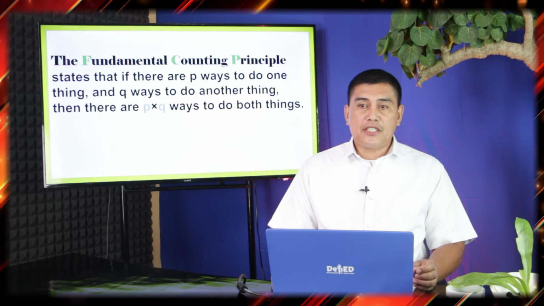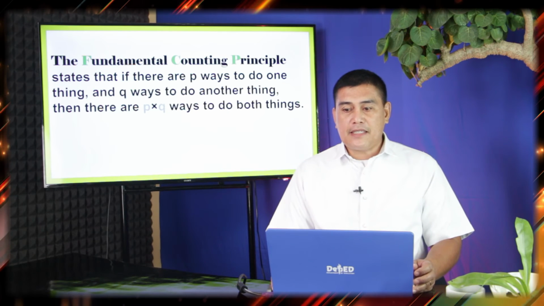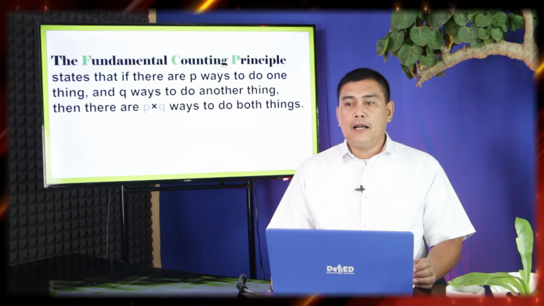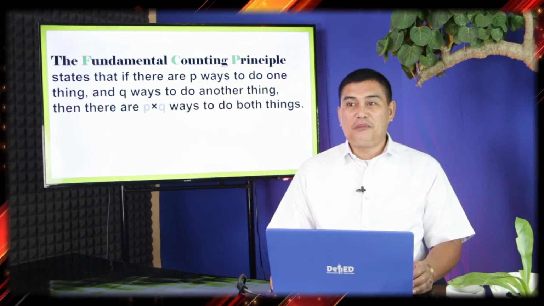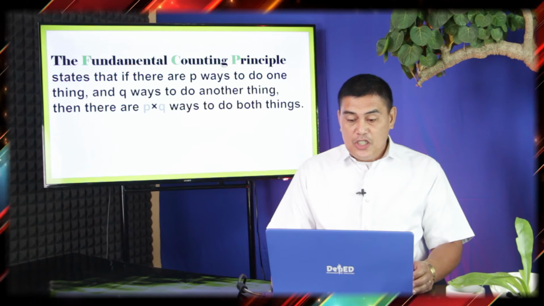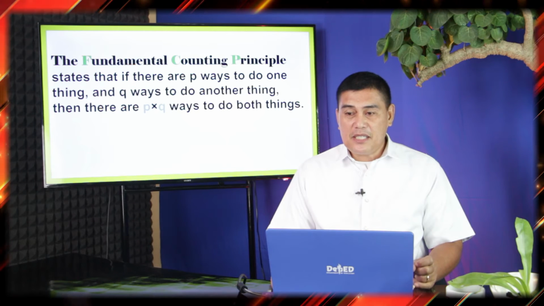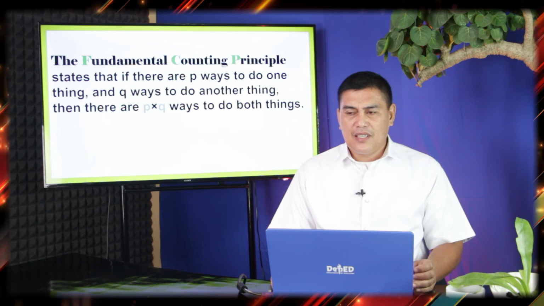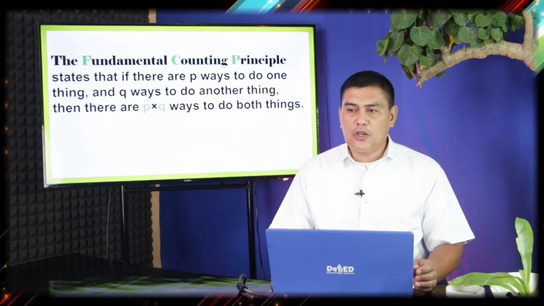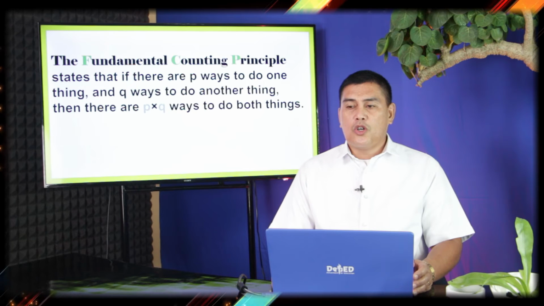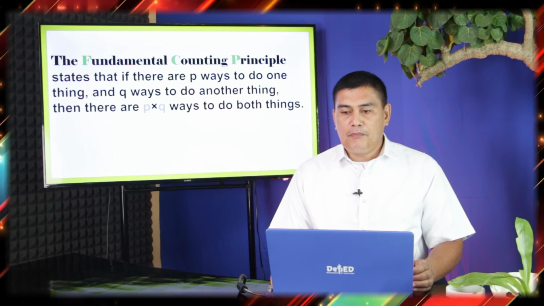So, the answer is the product of the possible arrangements, yung tinatawag nating fundamental counting principle, yung product, no? So ito yung shortcut of listing the possible ways. Kahit na gumagamit pa tayo ng tree diagram, ito ay mas madali. Ito yung pinaka-shortcut, especially kung ang pag-uusapan natin ay yung malalaking number.